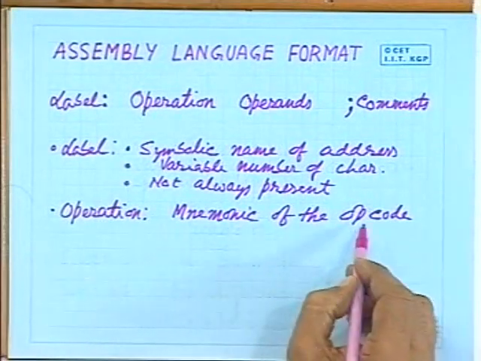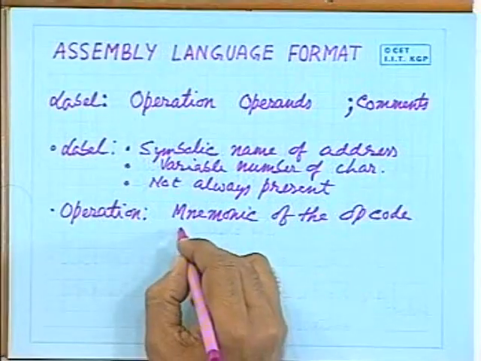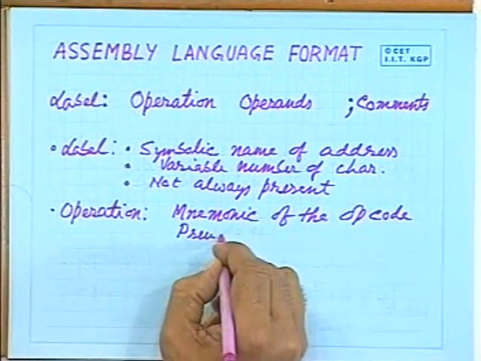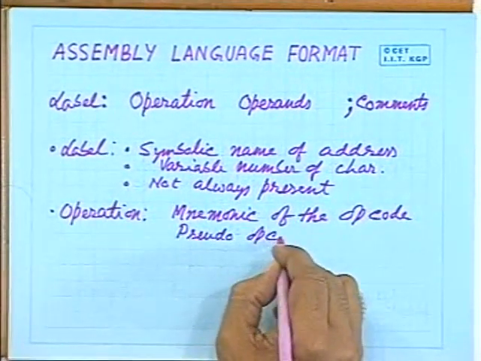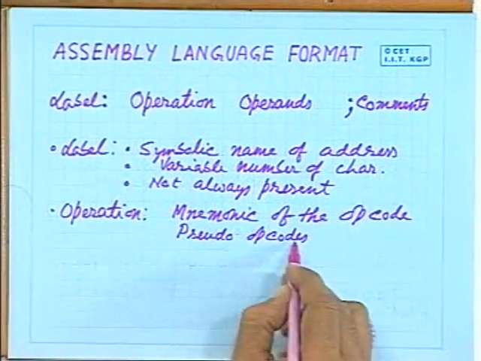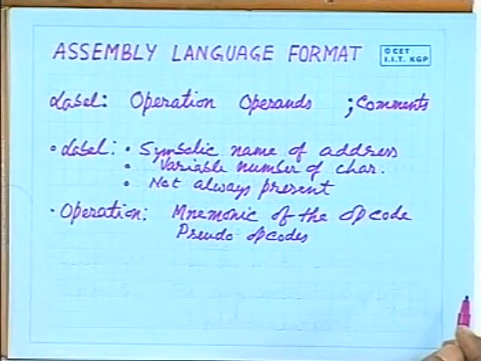Of course, apart from the machine language opcodes, sometimes you require some opcodes which are not meant for the machine, but for the assembler. These are also known as assembly directives. So some commands are provided which are meant for the assembler, and those are known as pseudo opcodes. We shall discuss these pseudo opcodes.